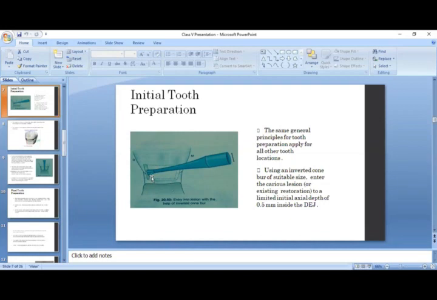So the inverted cone burr somewhat resembles a triangular shaped burr. The beauty of that design is that it has a wide base. That basically helps us to design that axial wall, and the depth, as already mentioned, is 0.5 millimeter into the dentino enamel junction.